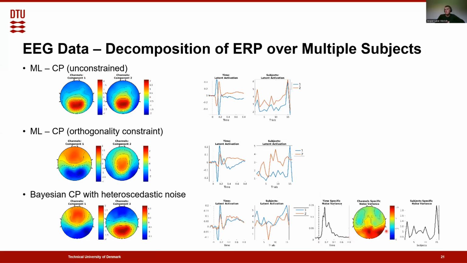You also get this nice noise map saying there's more happening in the back of the head, which is where the visual cortex is, and this is a visual stimulation task. And then you also get noise-specific variances. So you get something that's interesting, at least.